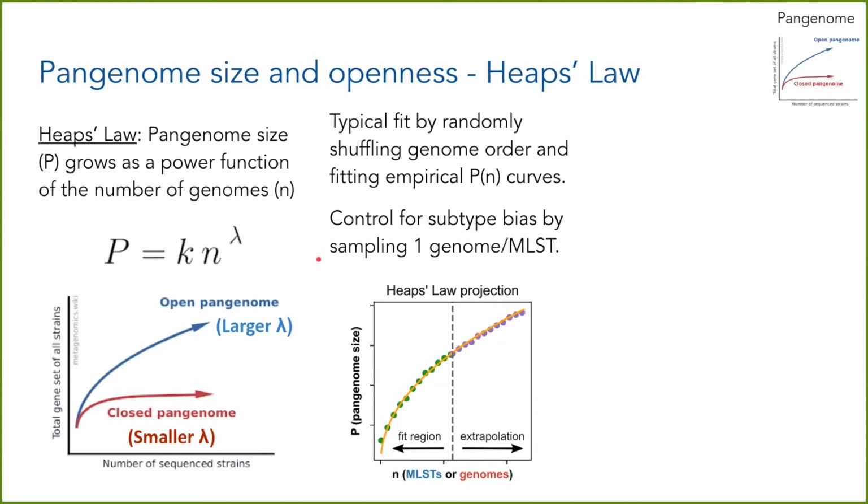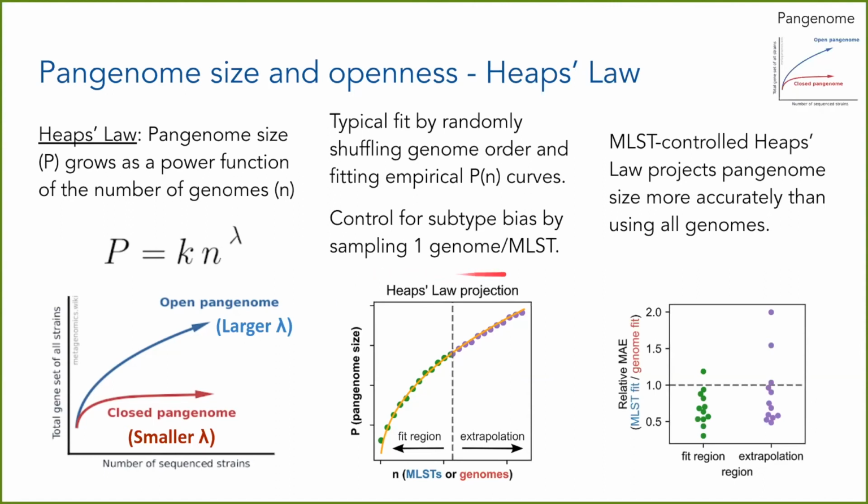To evaluate this MLST-controlled Heaps' law against the standard all-genome Heaps' law, we fit Heaps' law to the first half of genomes in each iteration and see how well it predicts the pangenome size in the second half of genomes by either method.